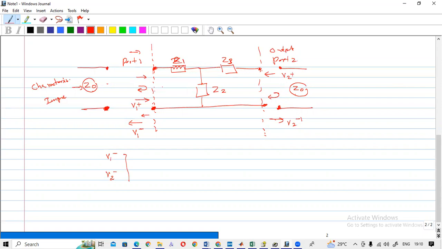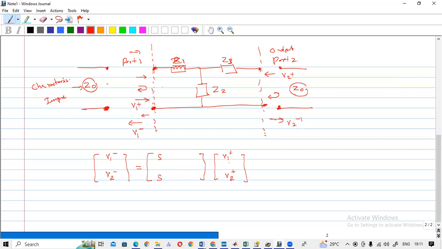So this is the reflected voltages column matrix, and there should be the S matrix. It has two rows, and here also you should have two forward voltages. Since two values are there, this matrix also has two columns.